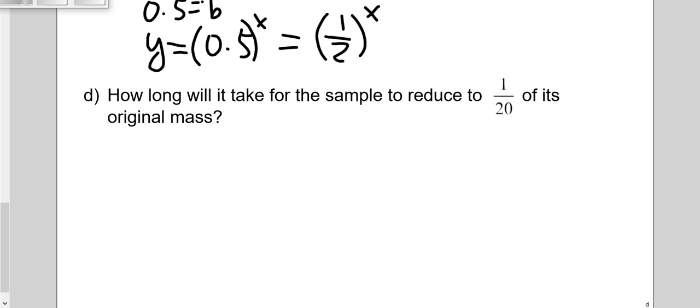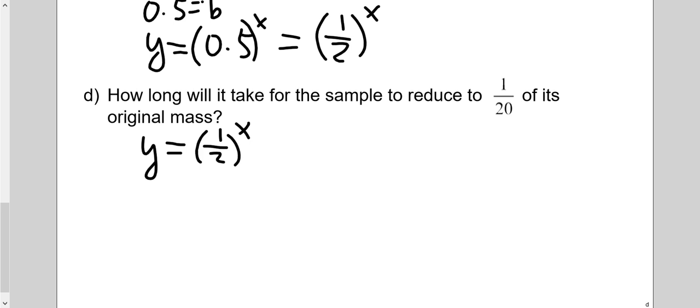All right, let's keep going. Question D: how long will it take for the sample to reduce to 1/20th of its original mass? If you look at part C, we already figured out the equation: y equals (1/2)^x, or 0.5^x.